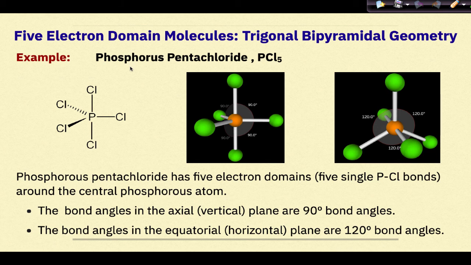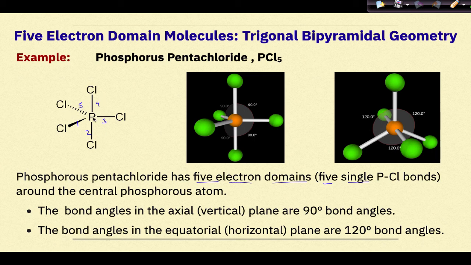Let's look at our first example, phosphorus pentachloride, PCl5. Phosphorus pentachloride has 5 electron domains. In other words, 5 single P-Cl bonds around the central phosphorus atom. So 1, 2, 3, 4, 5.